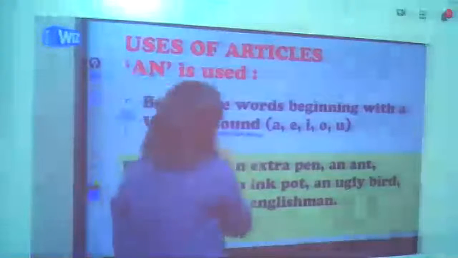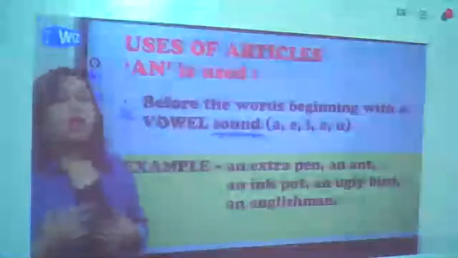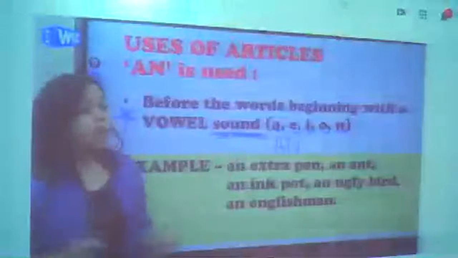You have to keep in mind that wherever you find the sound of a vowel, you are going to use the article an. It's not necessary that wherever you find the letters A, E, I, O, U, you are going to apply an. Just go by the sound of the vowels.